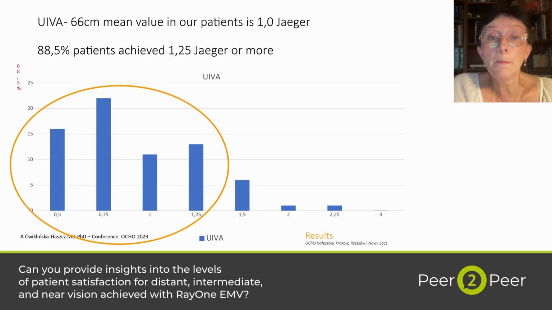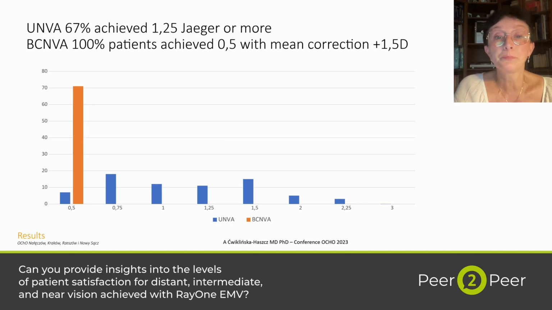And when we checked binocularly intermediate visual acuity in Jaeger tables, most of our patients had 1.25 or more, the majority of them 0.75 to 0.5, while seeing binocularly. And for near uncorrected visual acuity, 67% achieved 1.25 Jaeger.